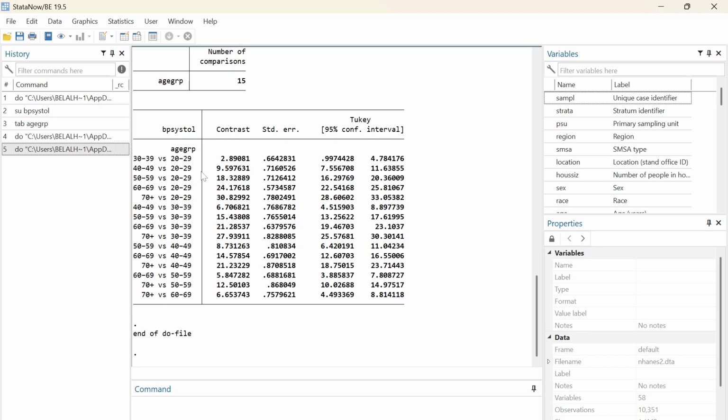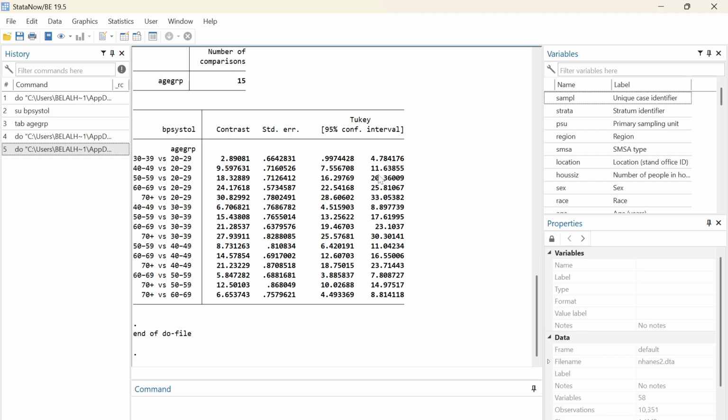So this Tukey test specifies which groups have a significantly higher value than another group. If you look at all these comparisons, you can see none of these intervals include any zero. Even if you go further, you see even higher values.